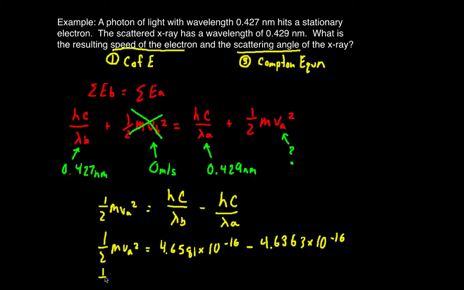This gives us 1/2 mv after squared equals a change in energy equal to 2.17 times 10 to the negative 16 joules. To solve for velocity, we multiply this result by 2 and divide by m, square rooting. This gives us a velocity after equal to 2.18 times 10 to the 7 meters per second.